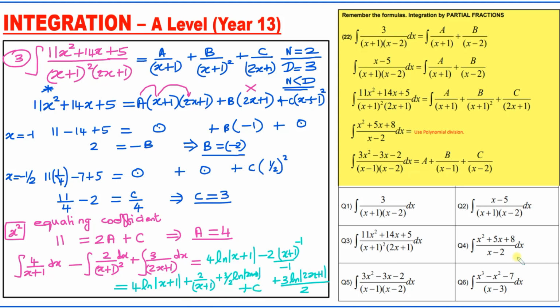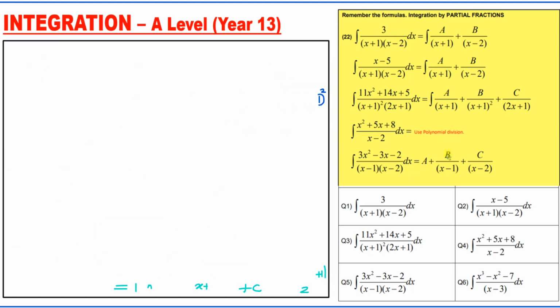And that is the answer for question number 3. Making sure you understand this one. So that is the third pattern containing the repeated root. You need to understand how to do the repeated root in your pure knowledge, algebraic fraction and partial fraction. So that is the question number 3 done.